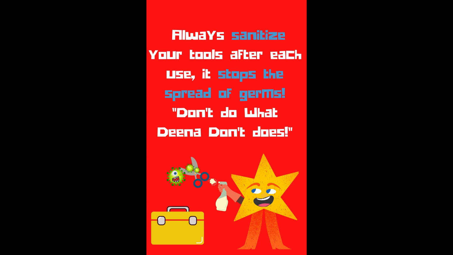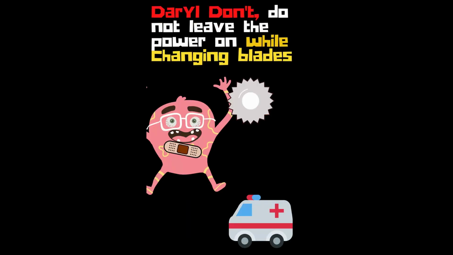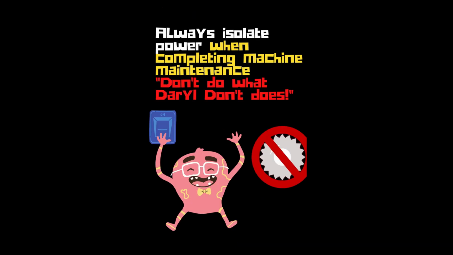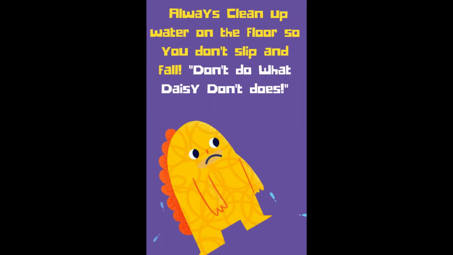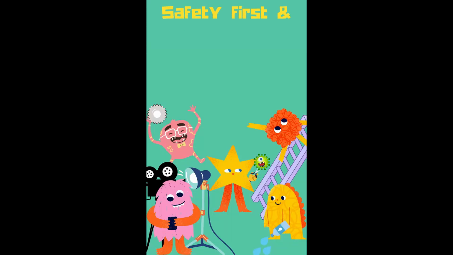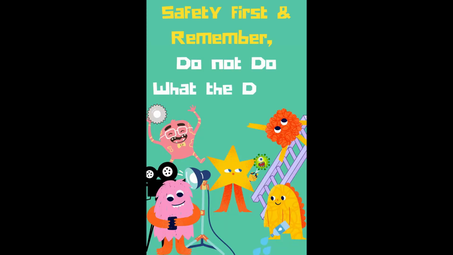Don't do what Dina don't does. Daryl, don't. Do not leave the power on while changing blades. Always isolate power when completing machine maintenance. Don't do what Daryl don't does. Daisy, don't. Do not spill water and leave it on the floor without cleaning up. Always clean up water on the floor so you don't slip and fall. Don't do what Daisy don't does. Safety first, and remember, do not do what the don'ts do. The end.